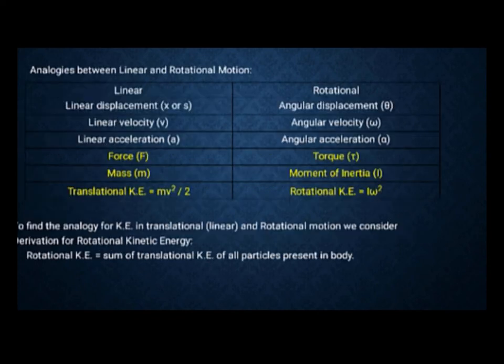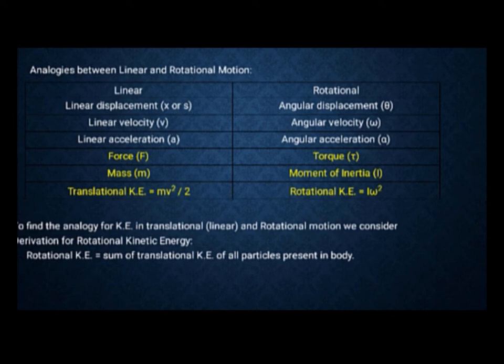Here are some analogies between linear and rotational motion. In linear motion, we represent displacement by small x or s, while in rotation, the displacement is calculated in the form of angle.